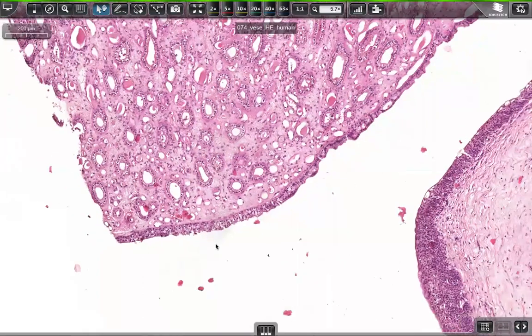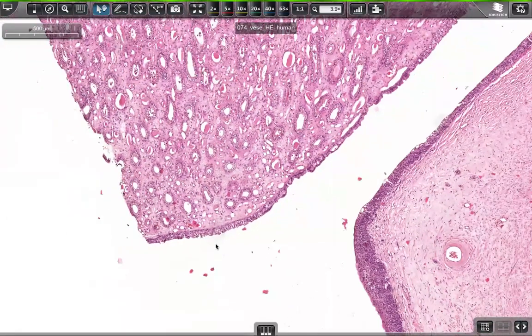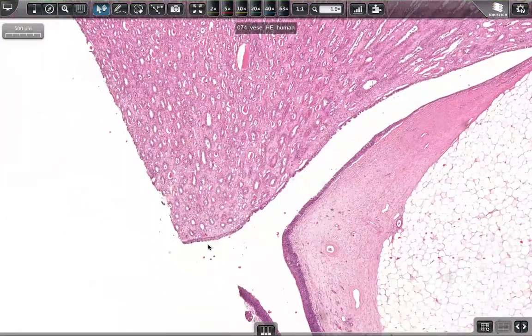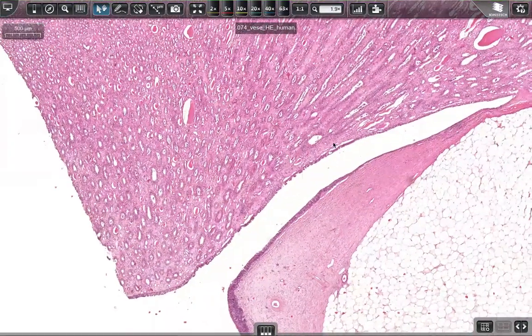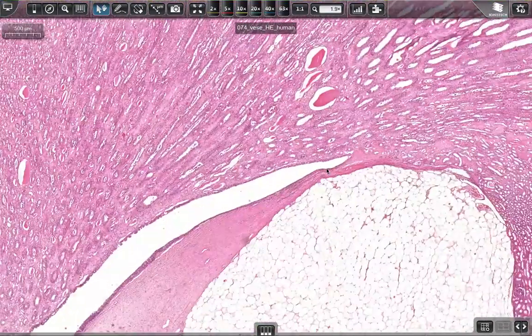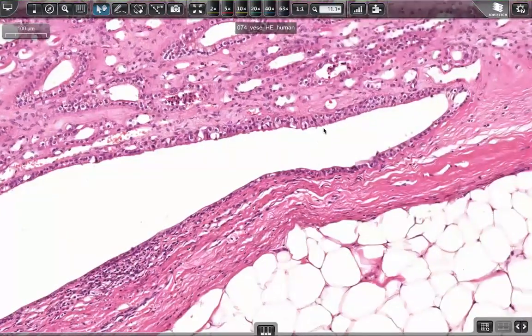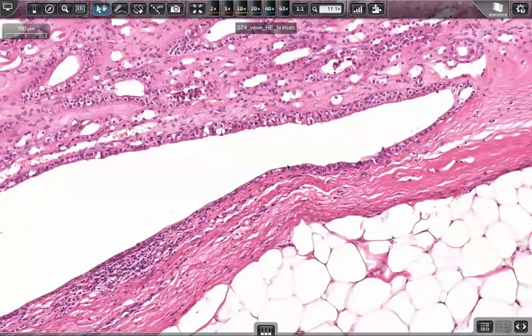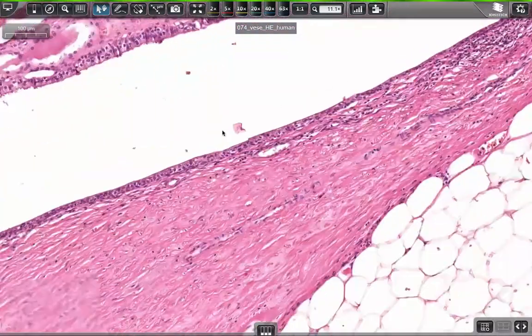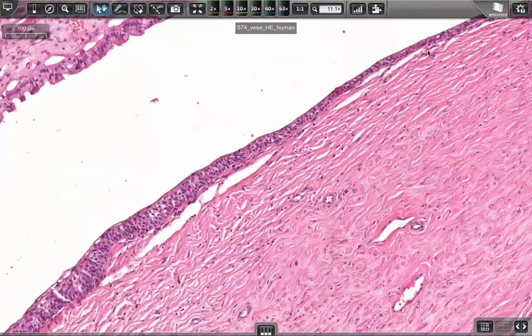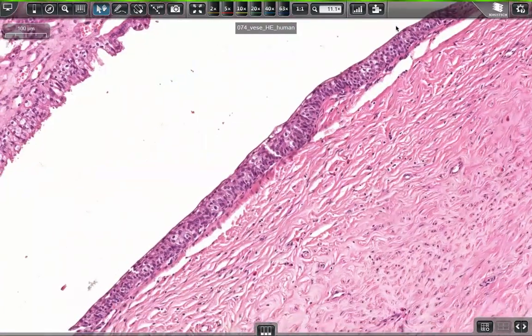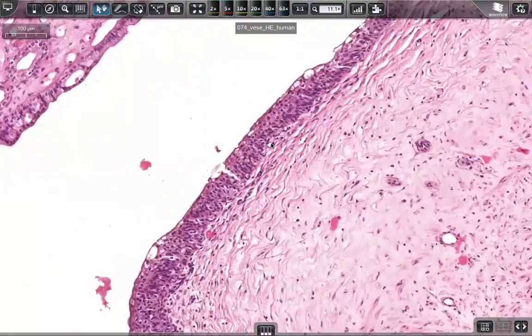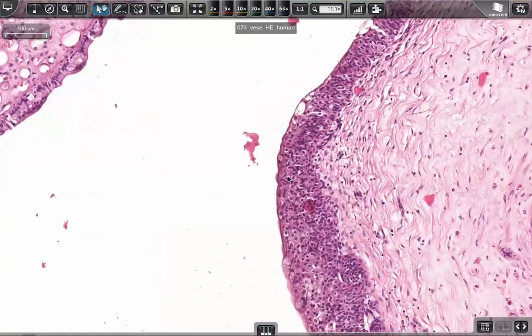And then when we follow the minor calyx, so this is the papilla, and going to the edge here, the epithelium is changing, and onto the surface it becomes stratified. Look at it, onto the surface of the minor calyx.